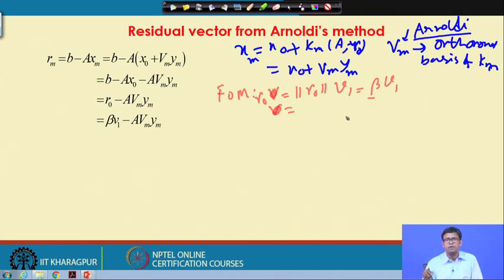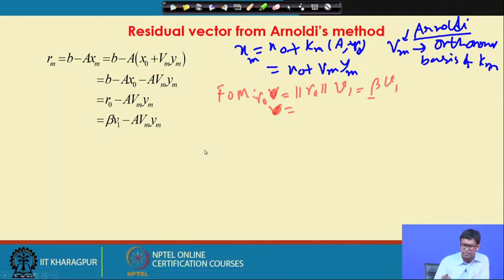So, R0 is equal to beta V1. We substitute R0 is equal to beta V1, and the mth order residual is beta V1 minus A Vm ym.